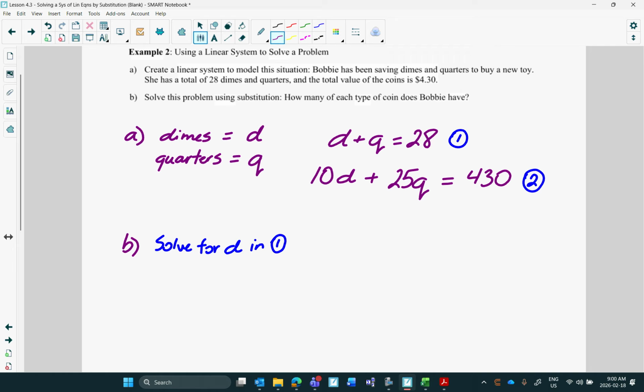Which means all I have to do is subtract Q from both sides. And I get D is equal to 28 minus Q.